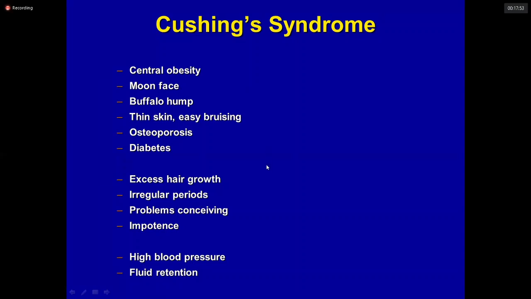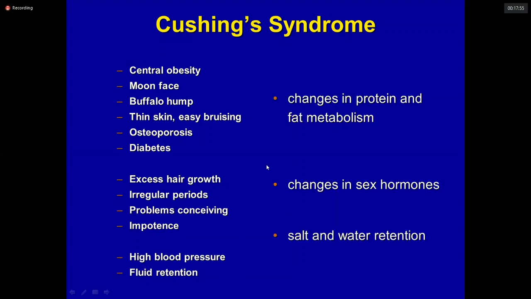And the manifestations are related to changes in protein and fat metabolism. So there will be changes in the face, called moon face, and the central obesity distribution, the buffalo hump, thin skin, easy bruising, and also effects on the bone, causing osteoporosis, and diabetes.